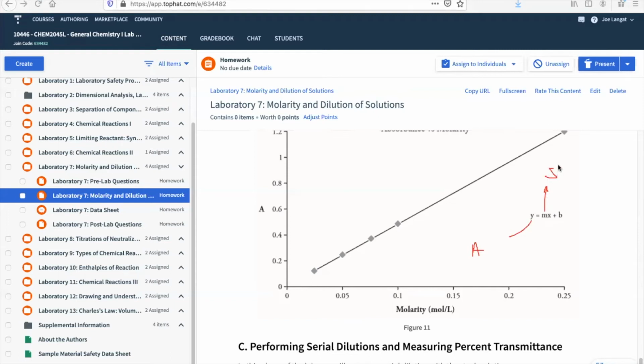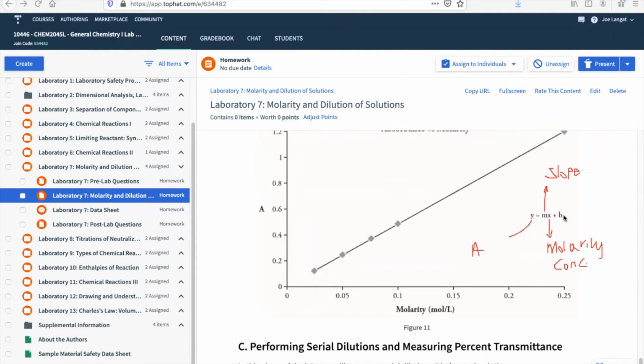Here is the slope, and you should get a slope value from your data. And this one will be the concentration, or molarity. Sometimes this is concentration.